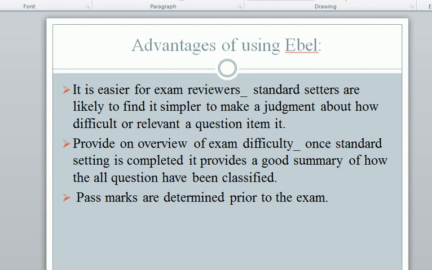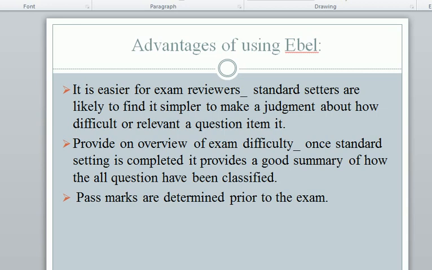Once standard setting is completed, it provides a good summary of how all questions have been classified. It means it discusses each item on two criteria: number one, difficulty level, and number two, relevance level. So each item is analyzed on the basis of these two criteria, and then it is judged. Then it is decided to be included in this standard setting method.